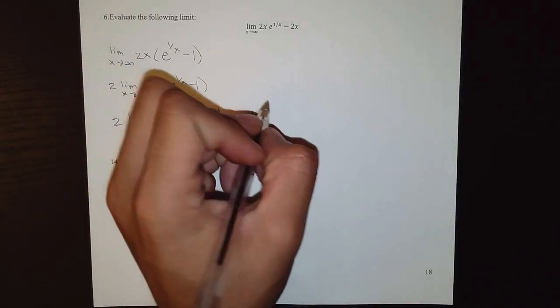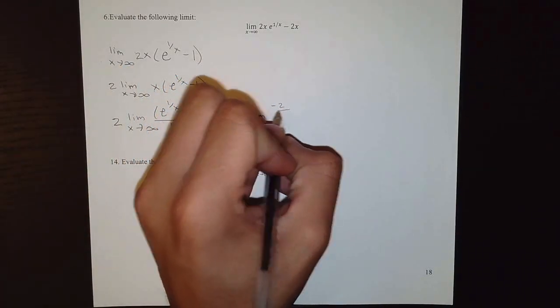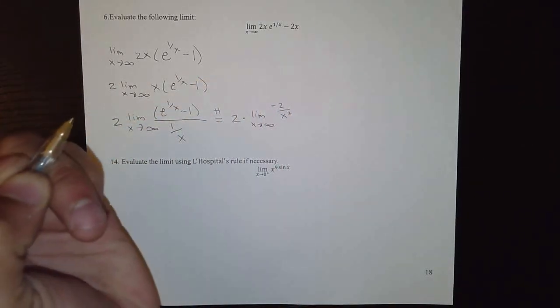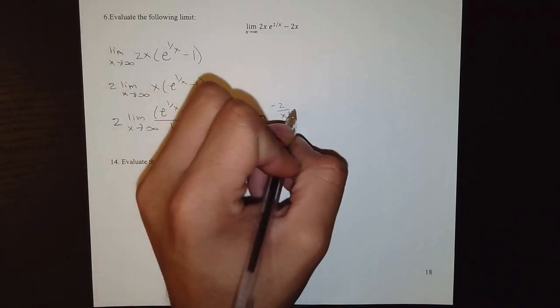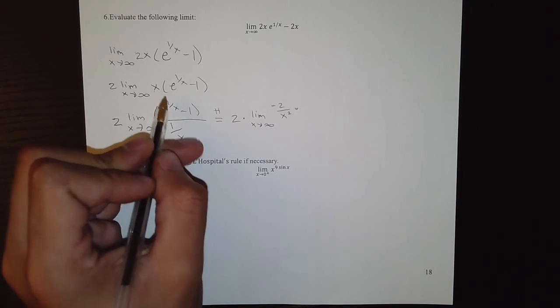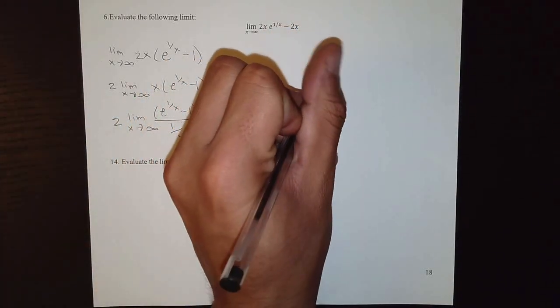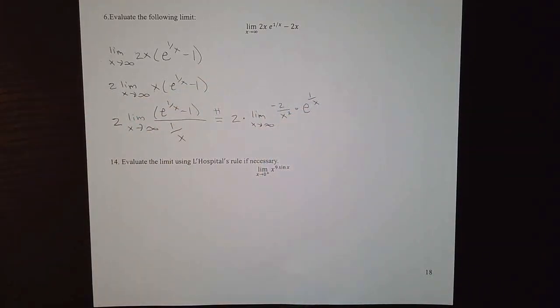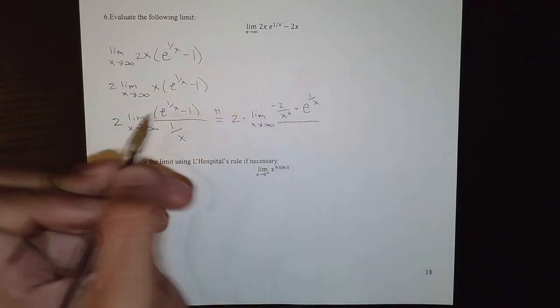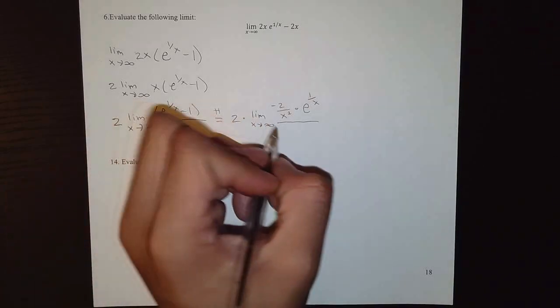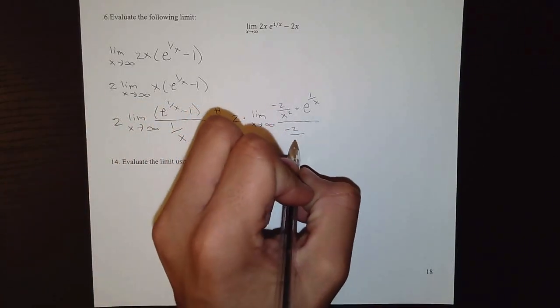And the derivative of 1 divided by x is negative 1 divided by x squared. So negative 1 divided by x squared times, and then e to this function stays the same. And so we have e to the 1 divided by x. And we're dividing by the derivative of 1 divided by x, which is just negative 1 divided by x squared.